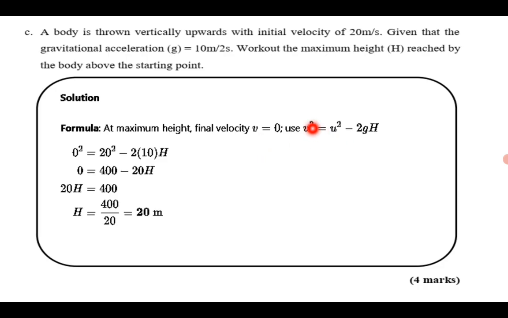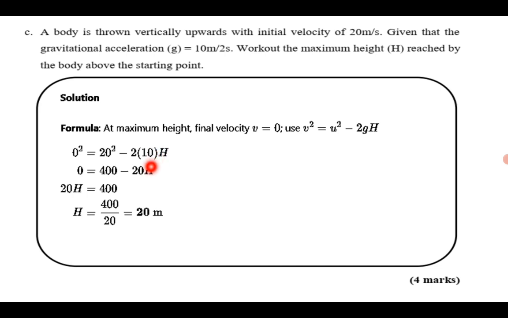So substituting the given values at maximum height, v is going to be 0. So we put 0 there, square it. And the u is 20, we are told. So squaring 20, and then subtract 2 times 10, which is the value of g, multiplied by h.